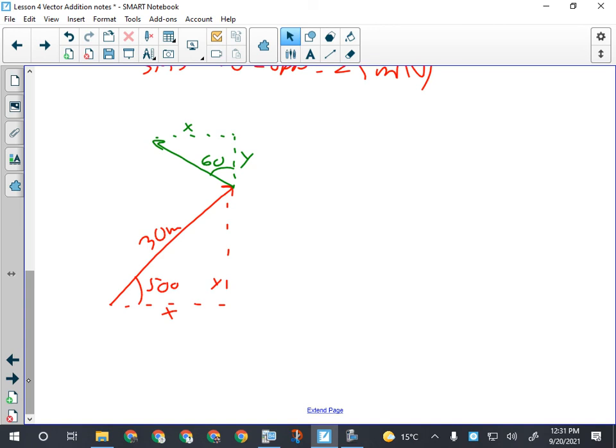They're neither collinear nor perpendicular. So this is my starting point right here, and this is my ending point. Where would I draw a line that shows my overall displacement? Between the start and finish.